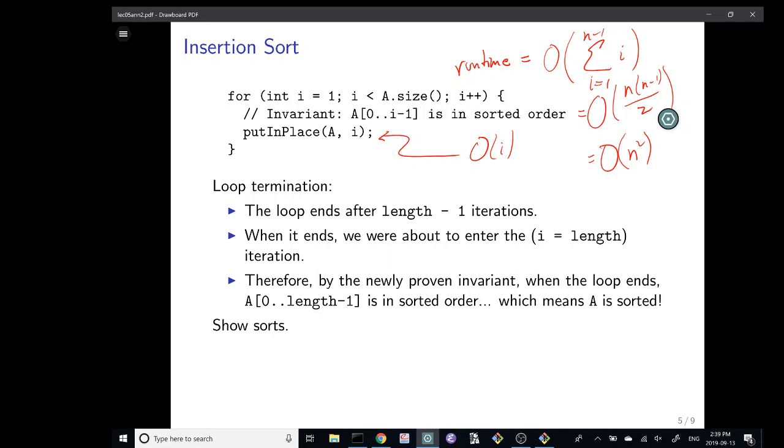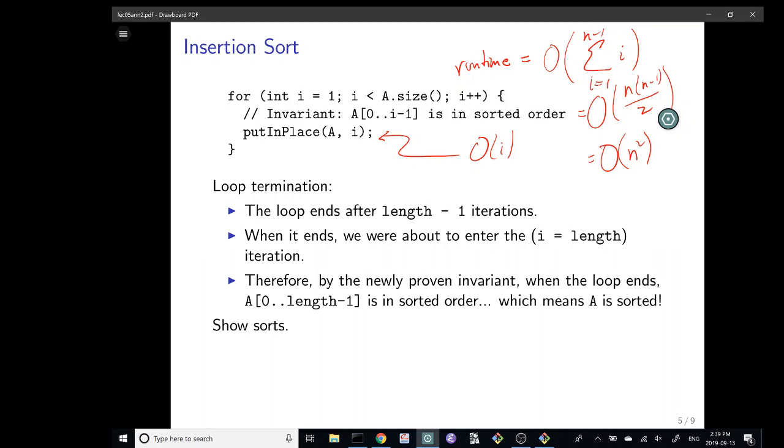When would it be really a good idea to use insertion sort versus selection sort? When would it be a good idea to use selection sort instead of insertion sort? Let me ask you the first question. Insertion sort. When would be a good time to use insertion sort? When is insertion sort really fast? Remember, I'll run insertion sort while you're thinking.